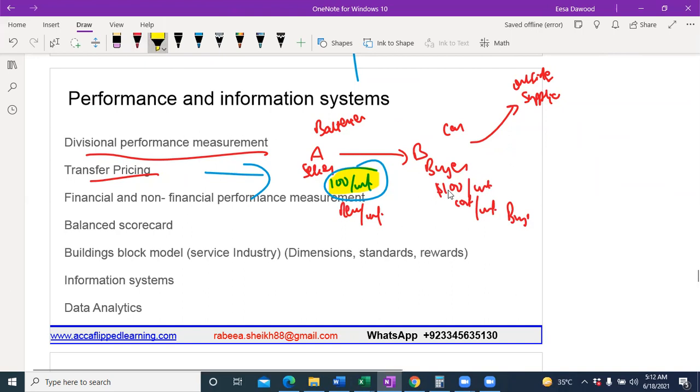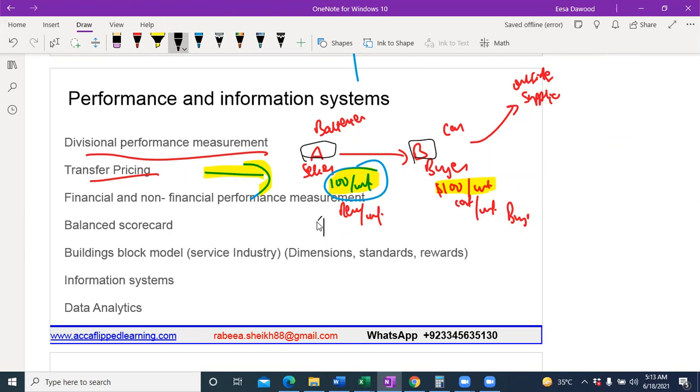So there could be problems arising, there could be disagreements about what the price should have been. There could be quarrels or conflicts between A and B. Why? Because, for example, consider both are profit accountable, both are profit centers. Both want to increase their profit.